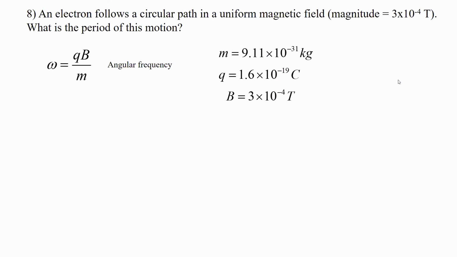But it's the period that's been asked. Remember, the period is equal to 1 over the frequency, and the frequency is equal to the angular frequency divided by 2 pi.